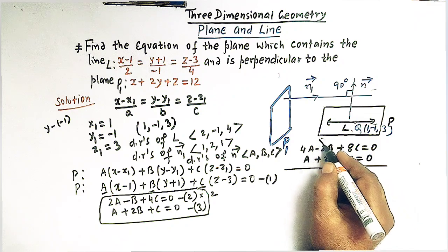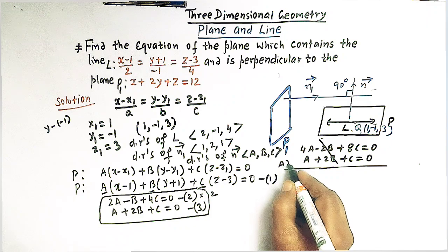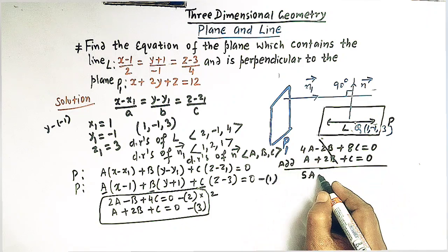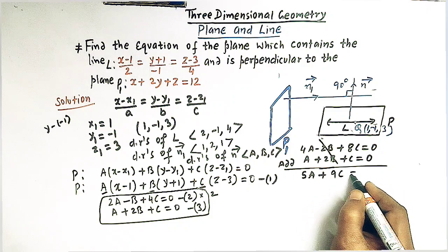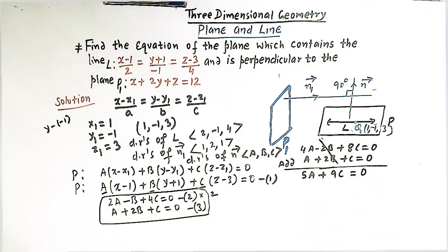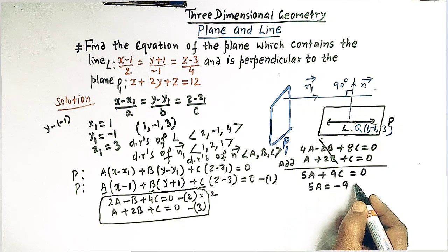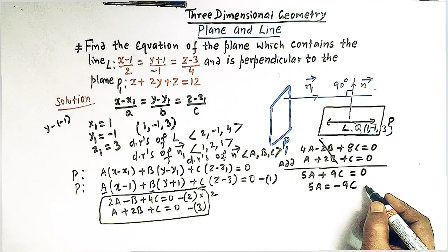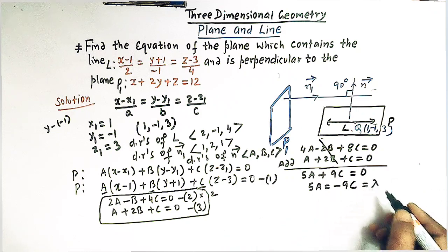So these two quantities get cancelled. 4A plus A is equal to 5A, and 8C plus C is 9C, and this is equal to 0. So now we can write 5A is equal to minus 9C. Let us introduce a scalar or real number, say lambda.